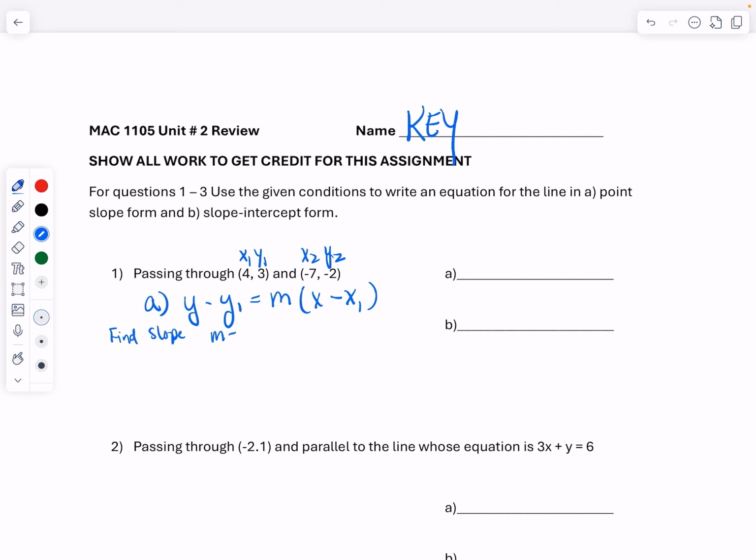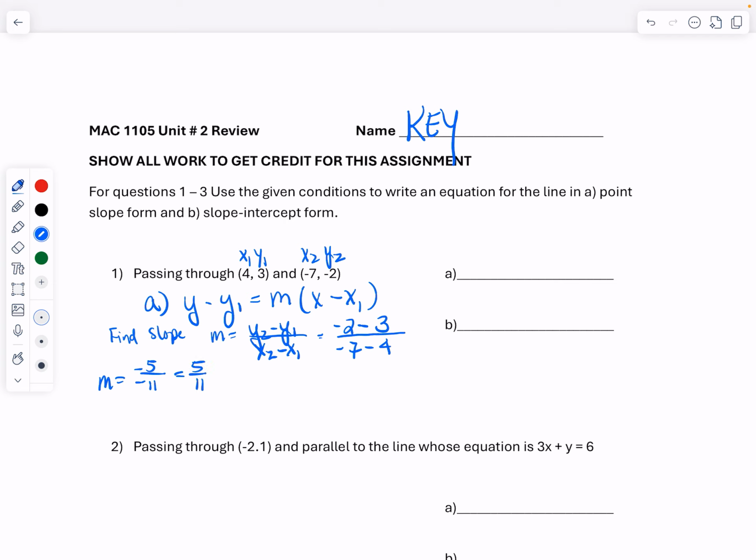The formula is y2 minus y1 over x2 minus x1. So y2 is negative 2 minus y1, which is 3, over x2, which is negative 7, minus x1, which is 4. When I do the math, I get negative 5 over negative 11, which is 5 over 11. So that's my slope.